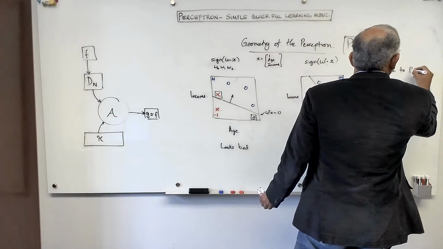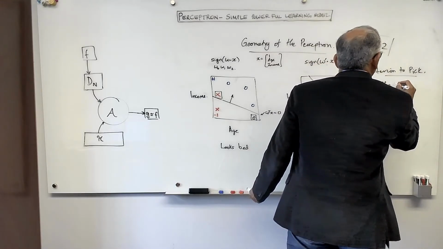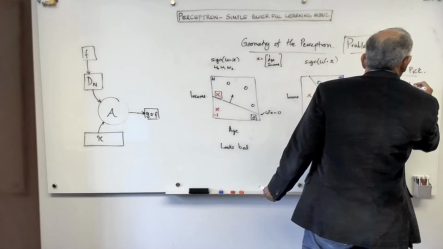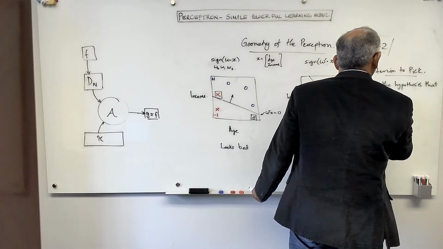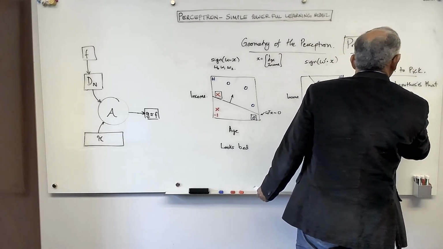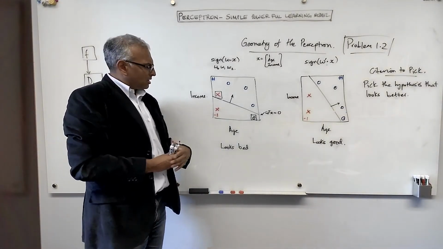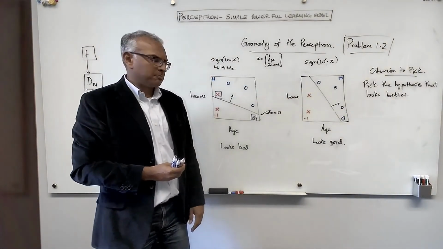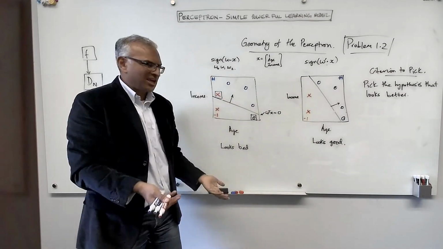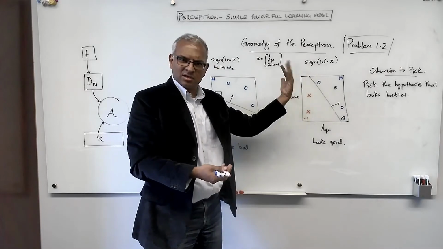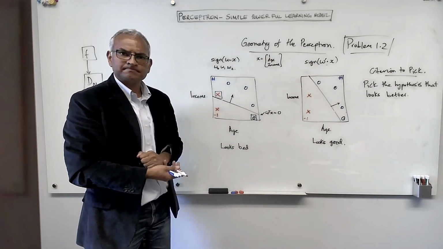Pick the hypothesis that looks better. So in other words, when we talk about looks, we mean how does it compare with the data? How does it look with respect to the data that you have? And when you have data, it's natural to pick this guy because it agrees with the data. This guy doesn't agree with the data. So that's the criterion.